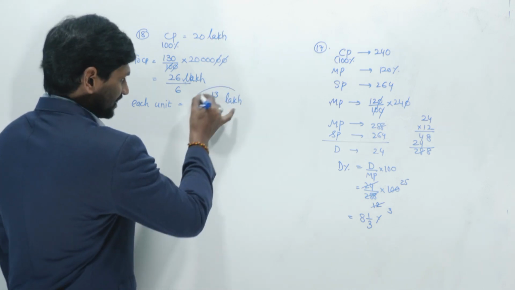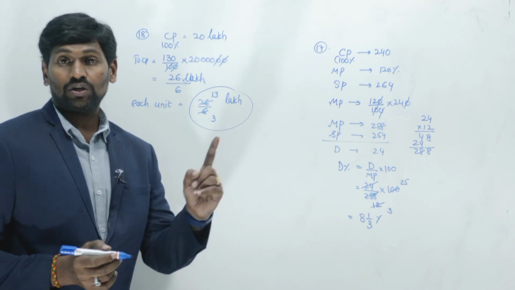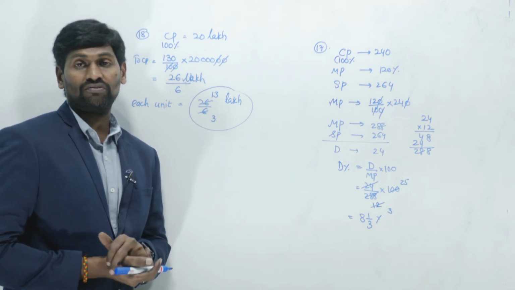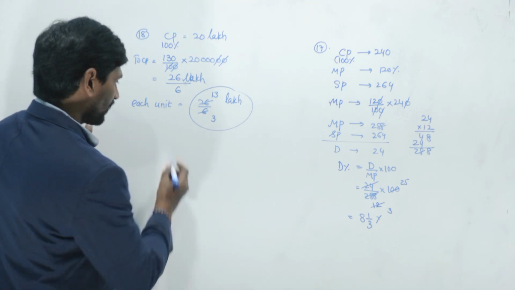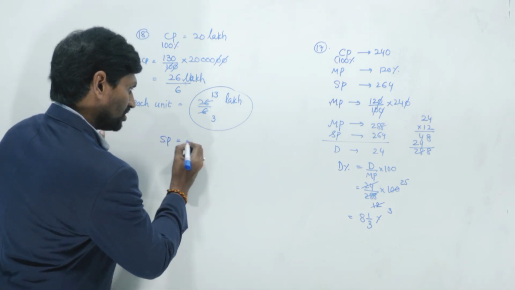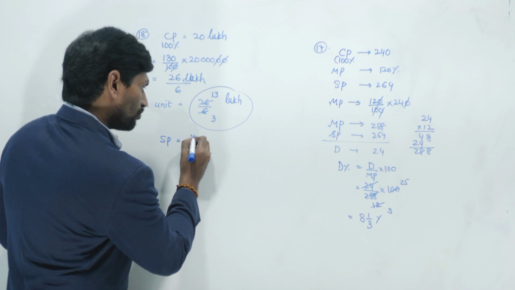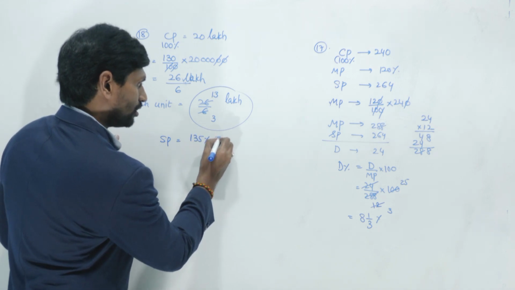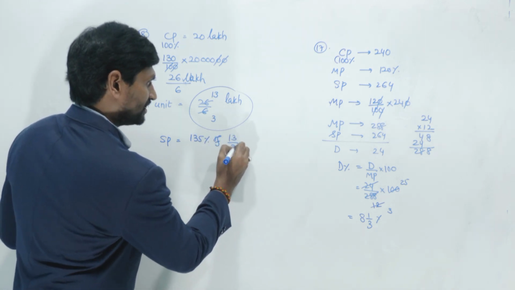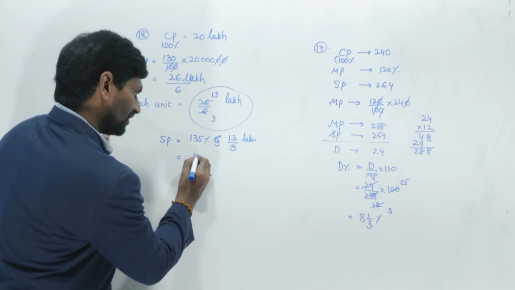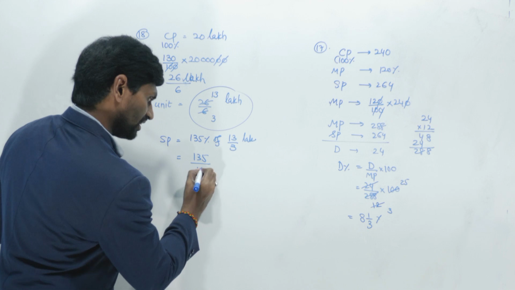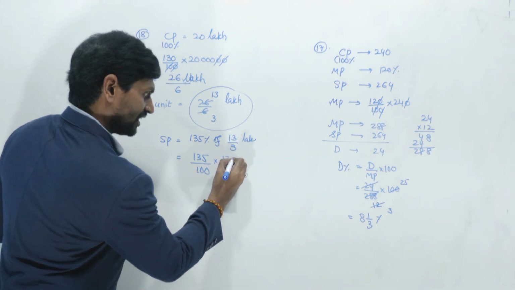So let us consider this one is total cost price, cost of each unit. He wants 35%. So selling price equals 135% of 13 by 3 lakh. So 135 by 100 into 13 lakh.